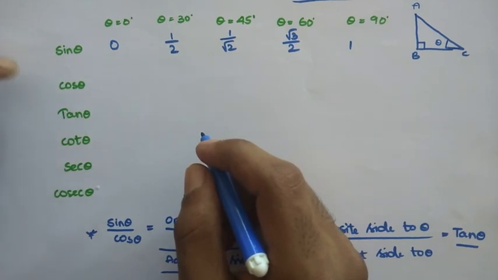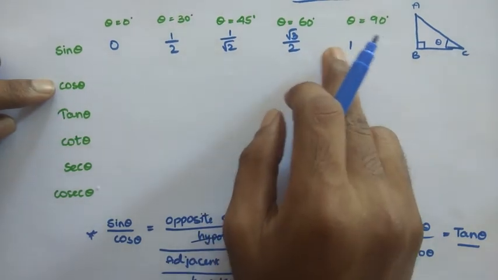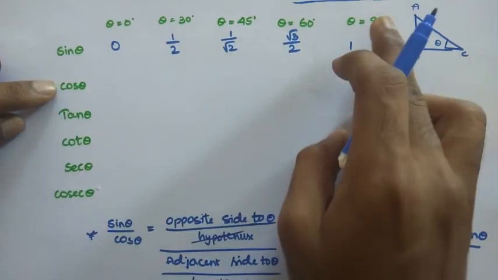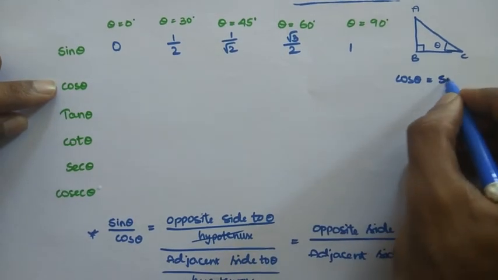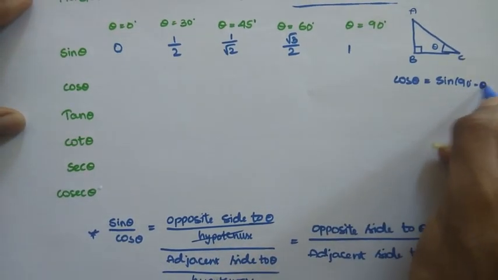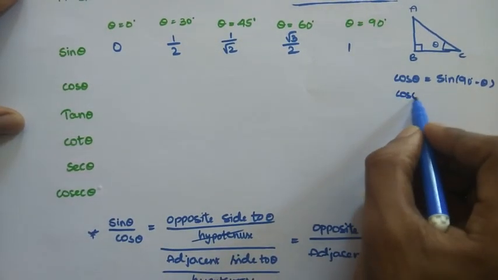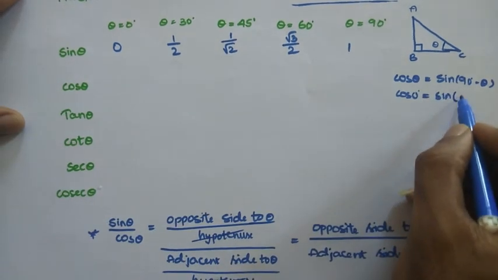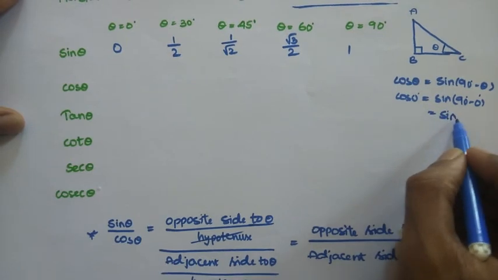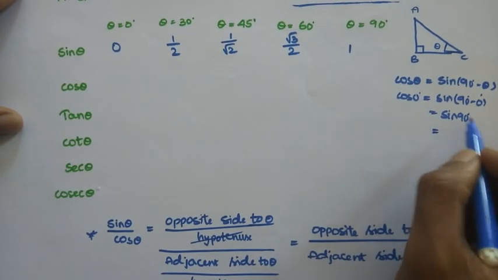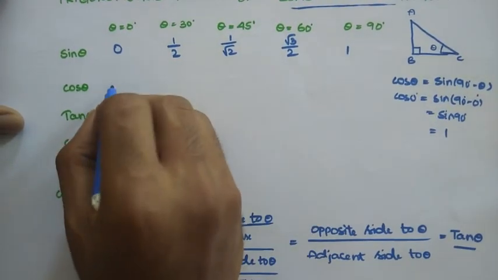That means if we need cos 0, we need to see sin 90, because cos theta is nothing but sin of 90 minus theta. If you put theta equal to 0, then cos 0 degrees is equal to sin of 90 minus 0, which is nothing but sin 90. Sin 90 is nothing but 1. So cos 0 will take the value 1.